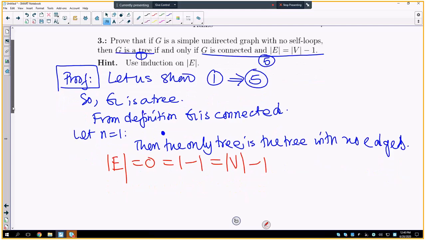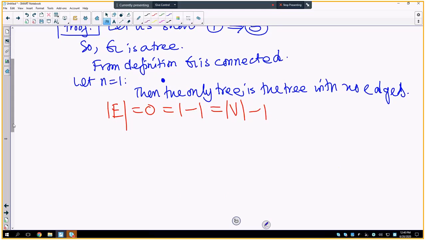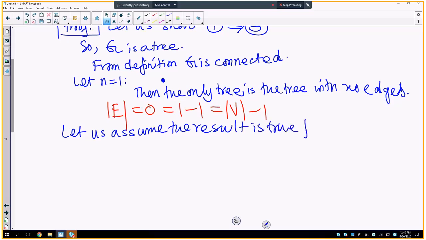My induction hypothesis now is, let us assume the result is true for n equal to k, where k is greater or equal to 1. So n is the number of vertices.